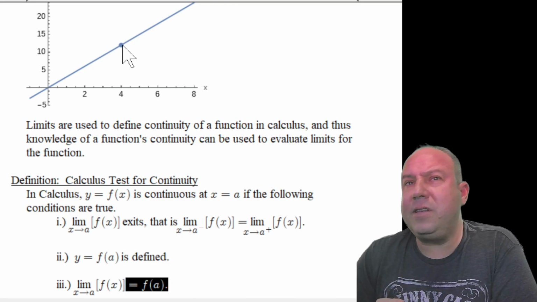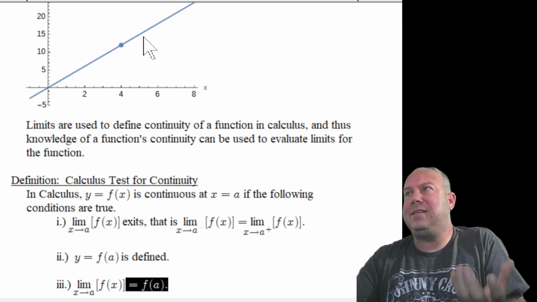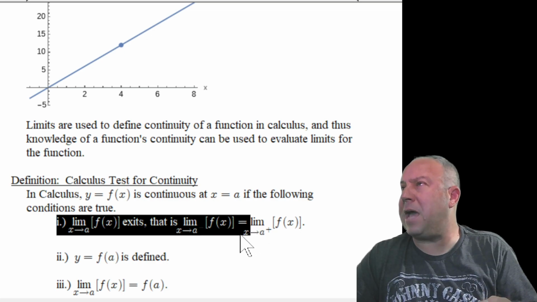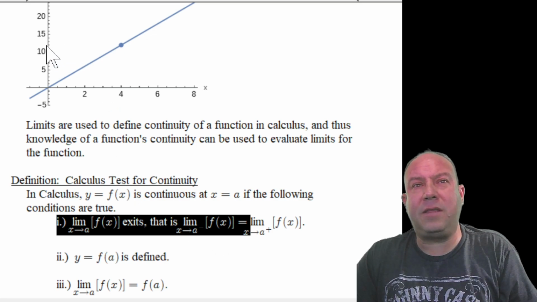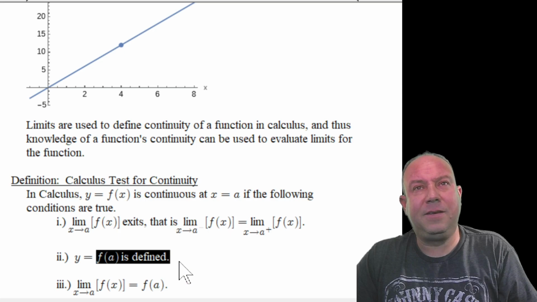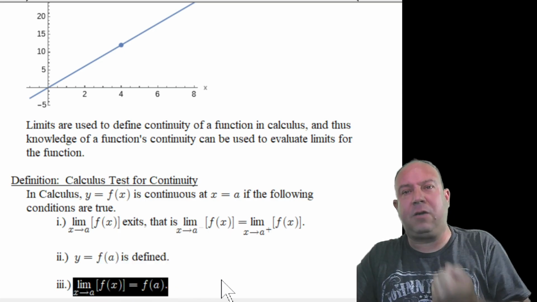A result of this continuity, in this graph at x equal to 4, is that the two-sided limit must exist, because that's a condition to pass the test for continuity. We know that the output of the function must be defined, and that those two items must be equal to one another.